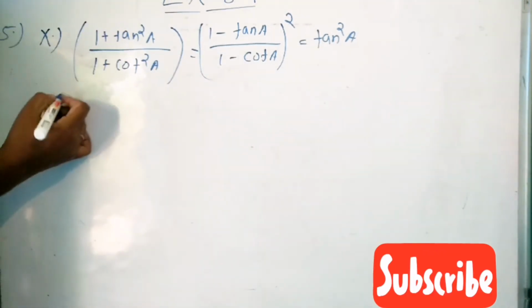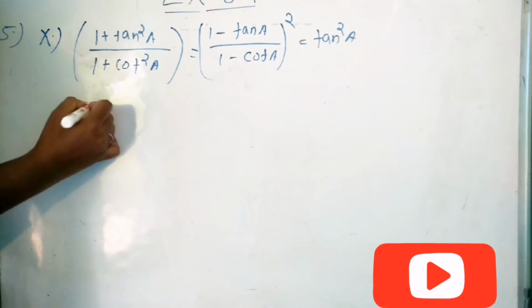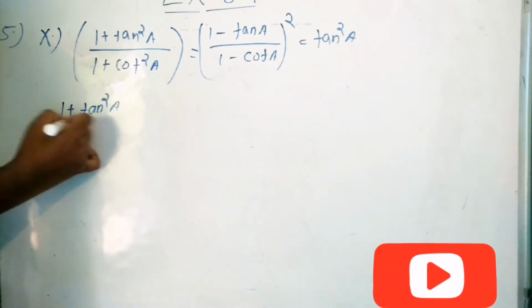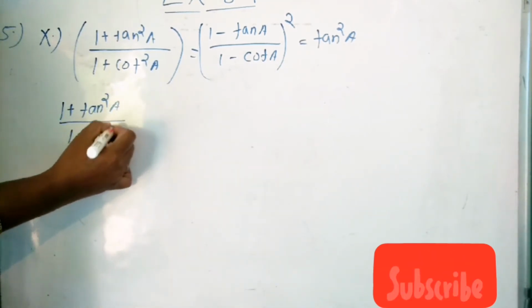For that, consider (1 plus tan square A) divided by (1 plus cot square A).